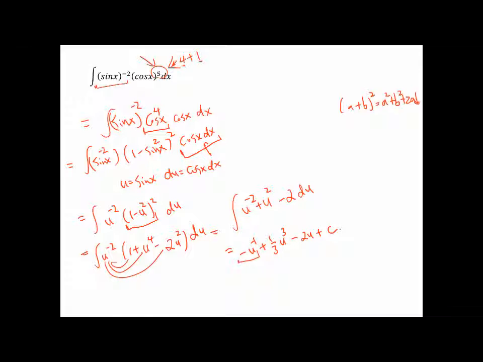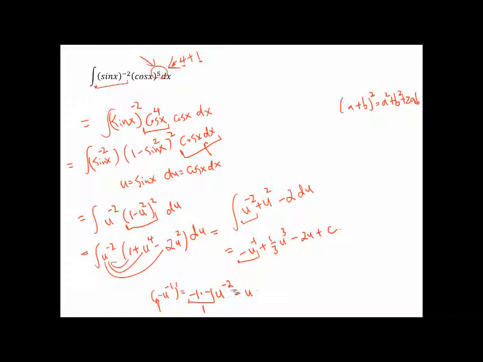And I want to check this part. Negative u to the negative 1, take the derivative, equals what? Here is a negative 1 multiply u to the negative 1, right? So I copy my constant here. Multiply the power, take it in front, u to the power minus 1, right? Minus 1, negative 2. So this goes to positive 1, right? So this equals u to the negative 2, which is here.